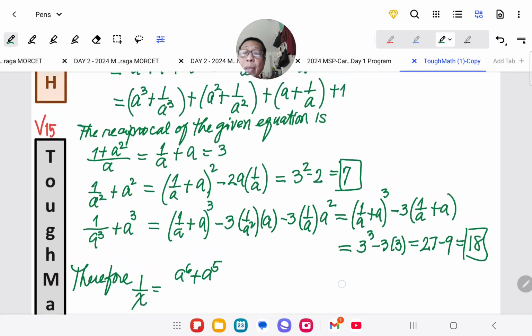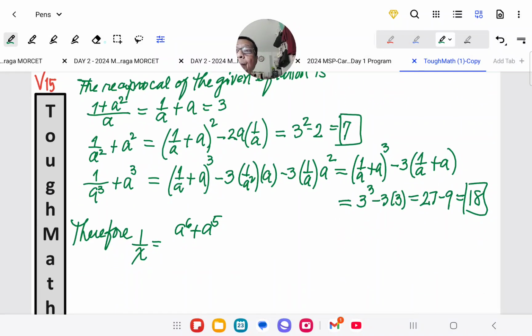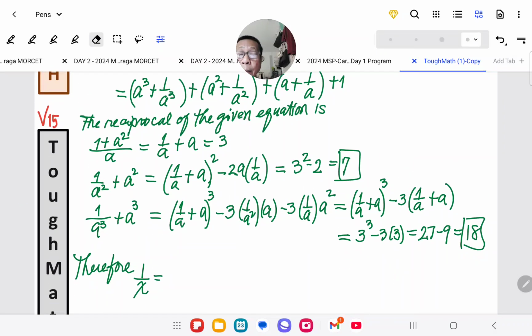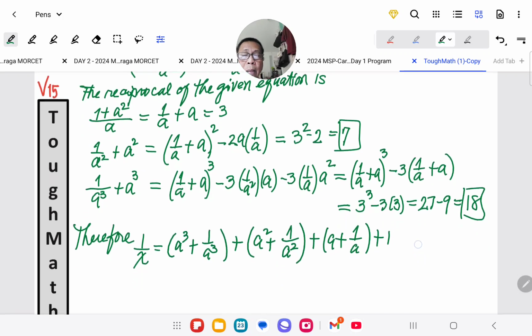Well, we already have an expression for 1 over x, so I will not rewrite it, but the new version, which is a cube plus 1 over a cube plus a squared plus 1 over a squared plus a plus 1 over a plus 1.